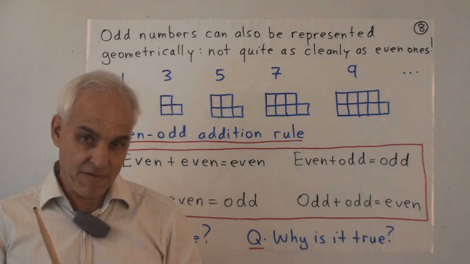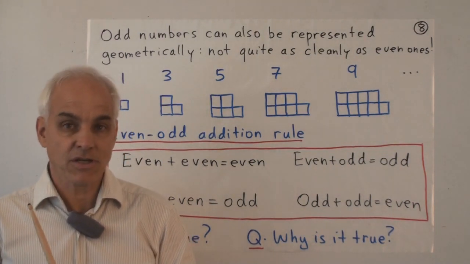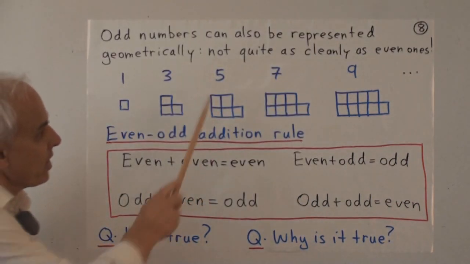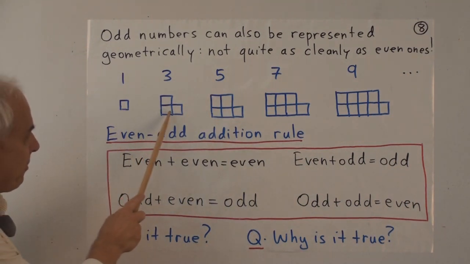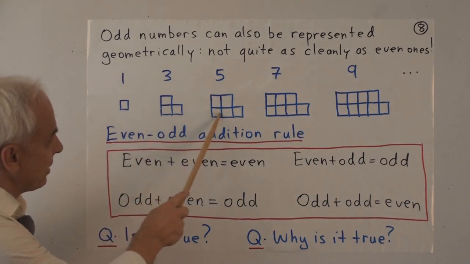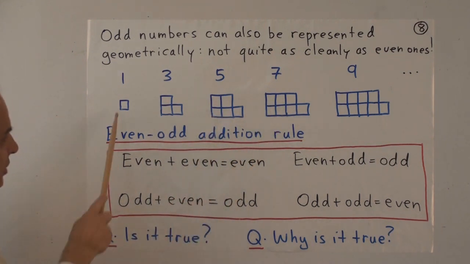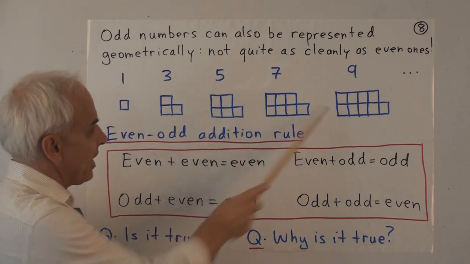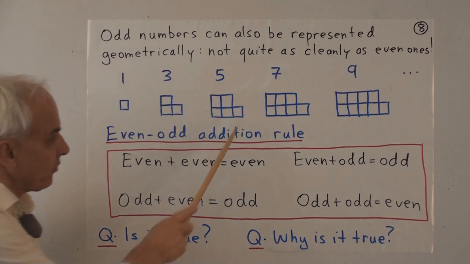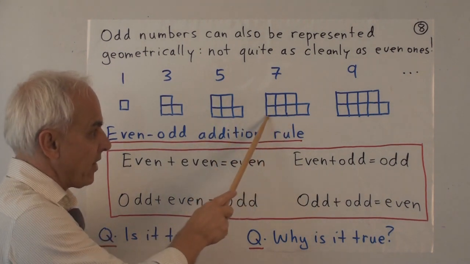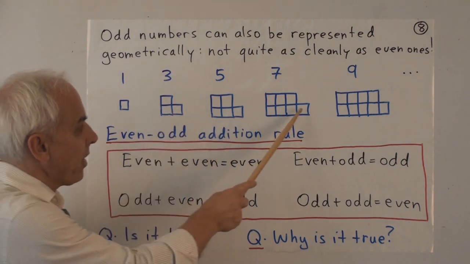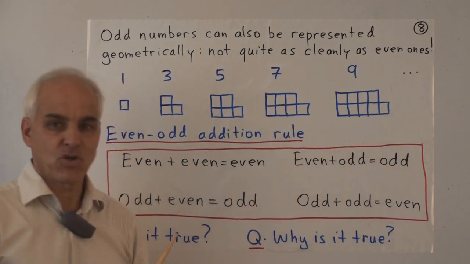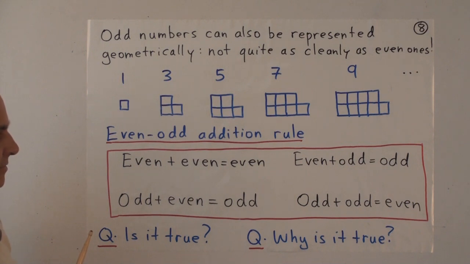Odd numbers also have a geometrical representation, which is not quite as clean as the even ones. So here are the odd numbers represented in a reasonably useful way. There's 1, 3, 5, 7, 9. In each case, what we have is a rectangle with 2 rows, and then we have one more square sticking out from that.